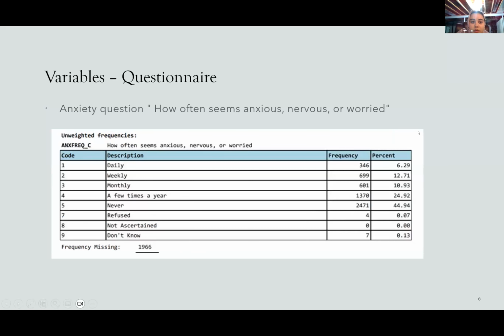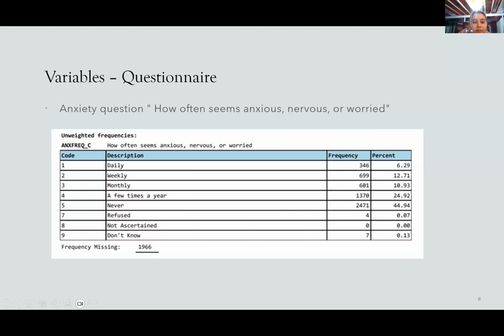Next is the variable of anxiety. The question that was asked was, how often does the child seem anxious, nervous, or worried? The questionnaire was most likely given to the parents, guardians, or caregivers of the child, and they're asked about their child. The anxiety and depression questions were Likert scale questions.